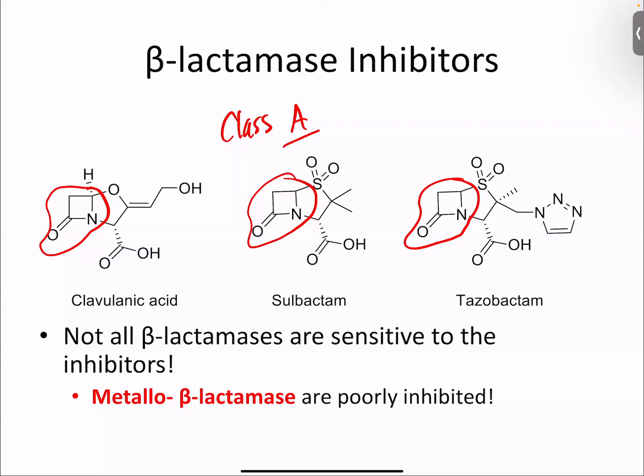You can see class C doesn't even really touch them. The class A, yes. Not all class A's, incidentally. And for the class B enzymes, it's listed as variable. So it's hit or miss.